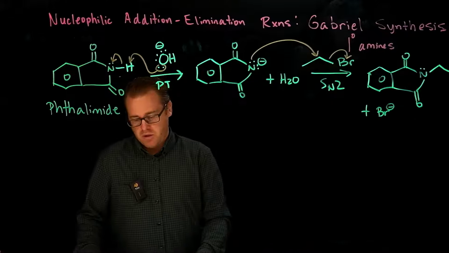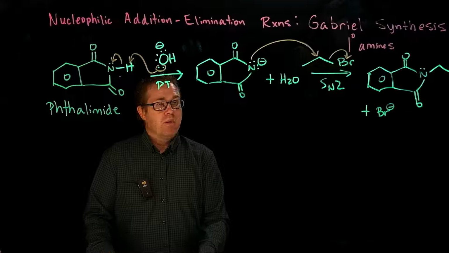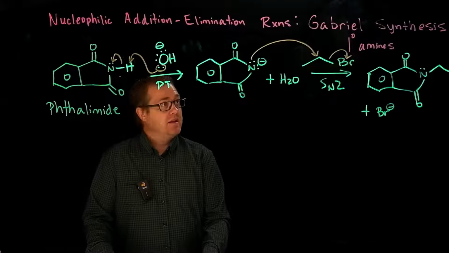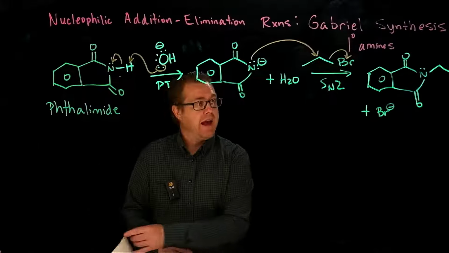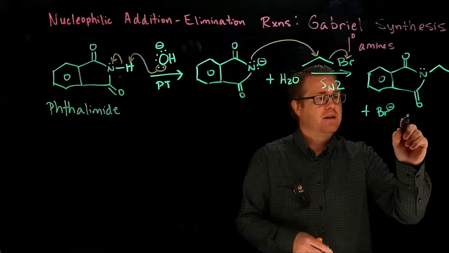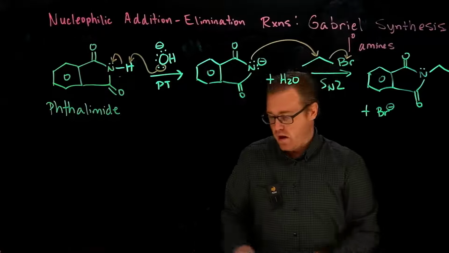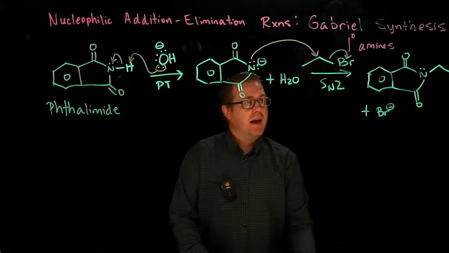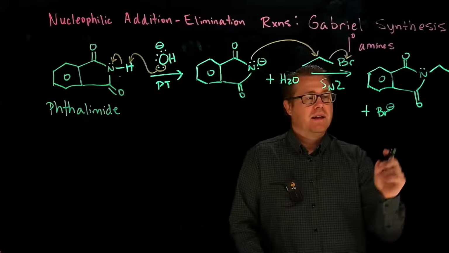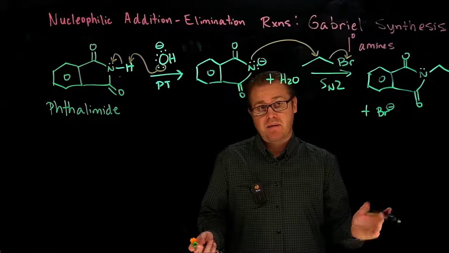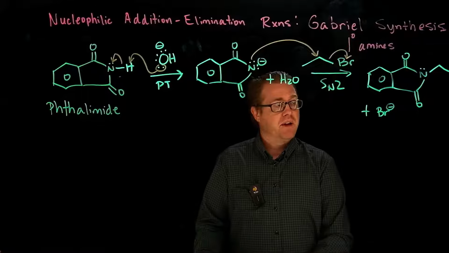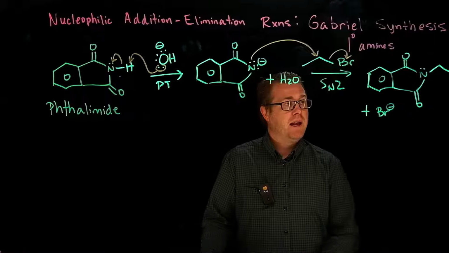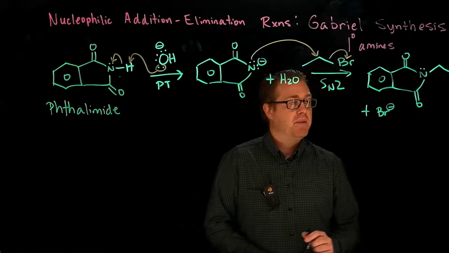So now what we're going to do is add some more base again. We're going to add the potassium hydroxide and water here. Now what's going to happen here is the same mechanism that we've seen from the previous video where we were making carboxylic acids with amides.